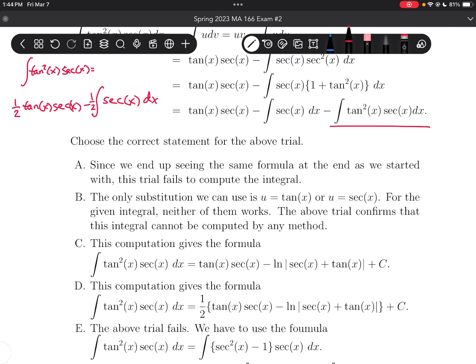In order to do this, you just have to remember the formula for the antiderivative of secant. It's a bit difficult to remember, so it might take a bit of practice. But the antiderivative of secant of x is the natural log of tangent x plus secant x.